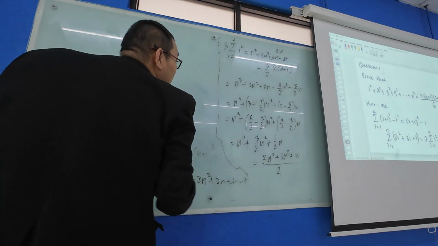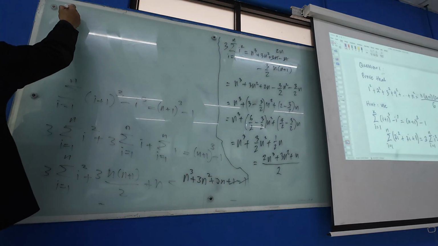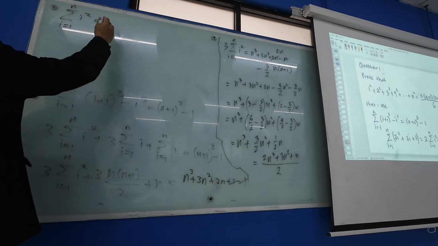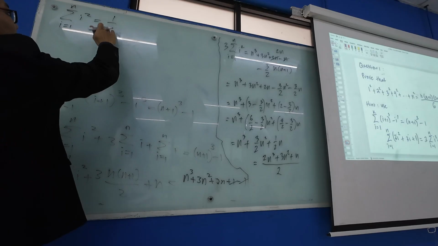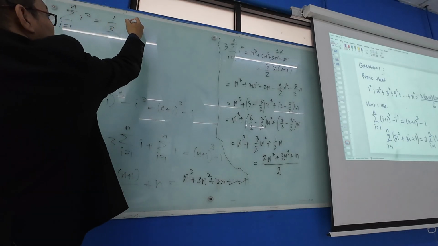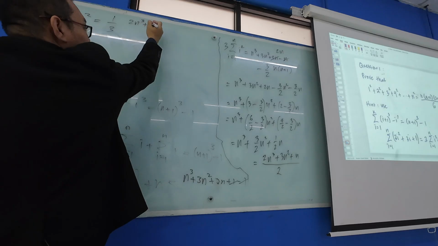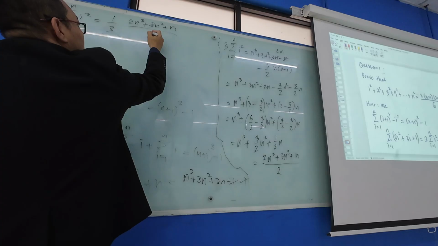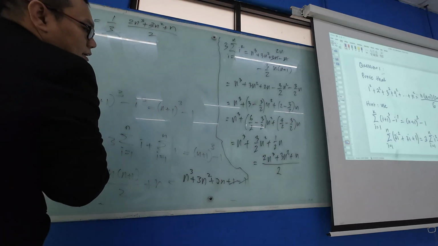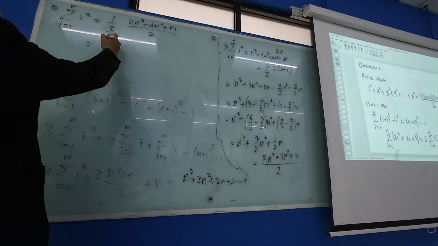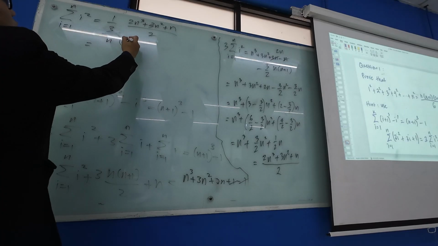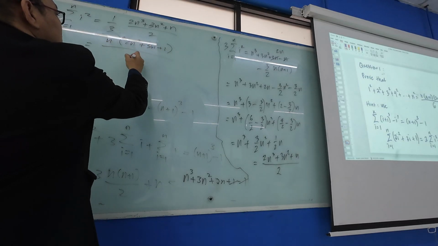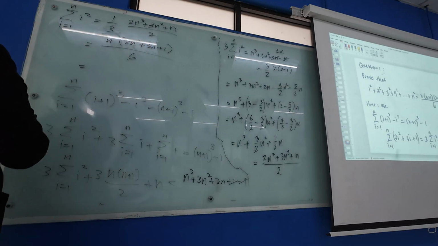So sigma i square from i equals 1 until n is 1 over 3 times 2n cubic plus 3n square plus n over 2. So you can simplify this: n times 2n square plus 3n plus 1, over 6. Factorize this.